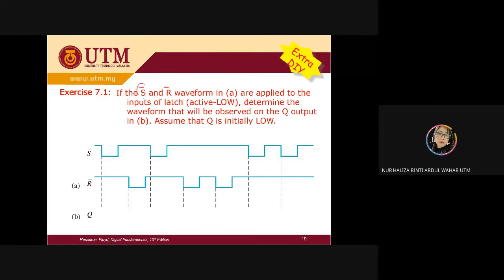Here it is mentioned, active low. Waveforms in A are applied to the input latch as active low, and determine the output of your Q for B. Assume the initial value of Q is low. That's why I mentioned it's going to give you the initial one. You are given the initial value, and whether it is active low or active high.